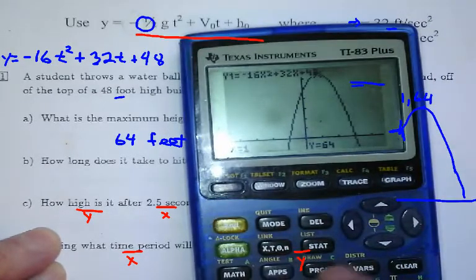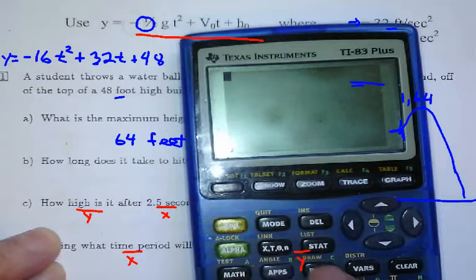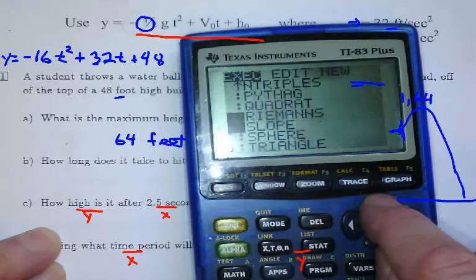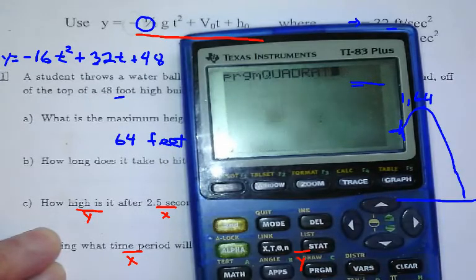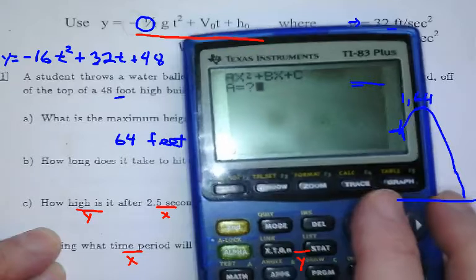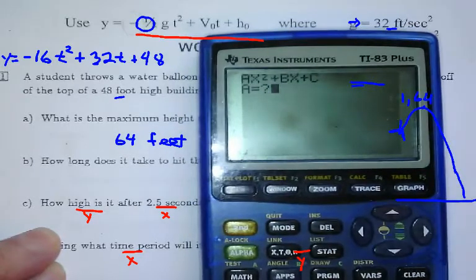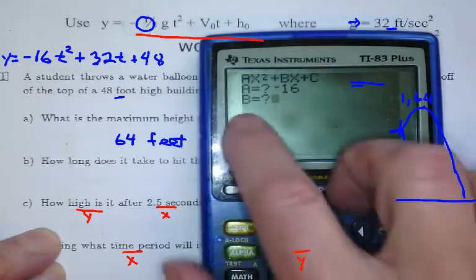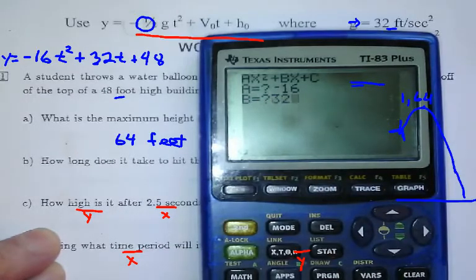So I'm going to go to Program. I'm going to go up to Quadrat, which is the one I put into my calculator. And there it is. The A number is negative 16. The B number was 32. And the C number was 48.